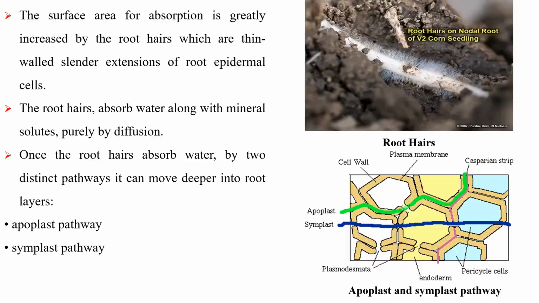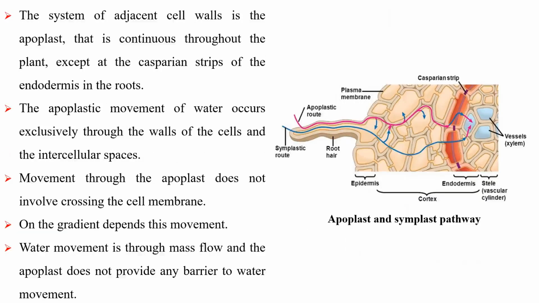Apoplast pathway, symplast pathway. The system of adjacent cell walls is the apoplast that is continuous throughout the plant except at the Casparian strips of the endodermis in the roots. The apoplastic movement of water occurs exclusively through the walls of the cells and the intercellular spaces. Movement through the apoplast does not involve crossing the cell membrane.